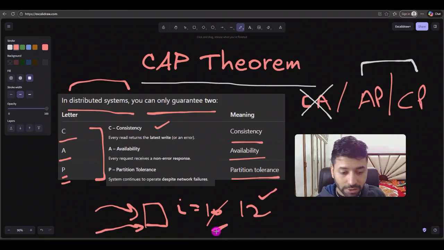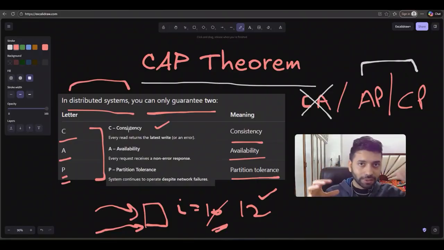You cannot return this old or stale data. You have to return the most updated thing, or just in case you cannot, you have to return an error. So that is what consistency stands for here: all the people are getting the same consistent data, whatever changes you made, you're getting the latest data. Similarly, someone else reading the database should get the same data.